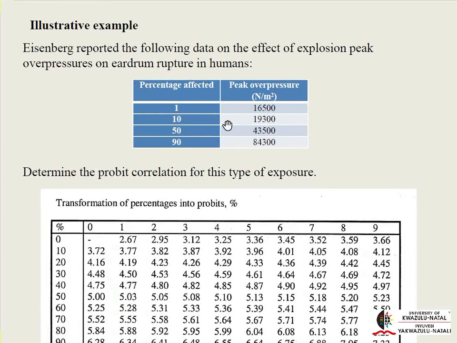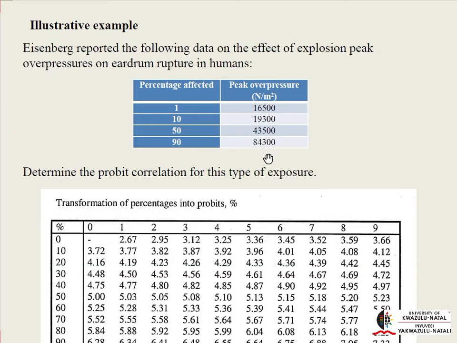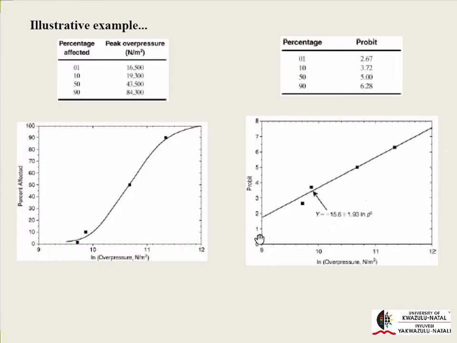If you increase it higher, it can affect 10%, 50%, or 90%. The question in this example is to determine the probit correlation. So we can convert these percentages into probits quite easily there. And we can take the log of these overpressures and plot them, and we can get a linearized curve from which we can get an equation.